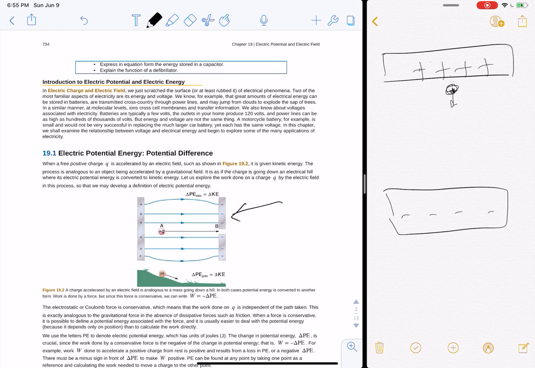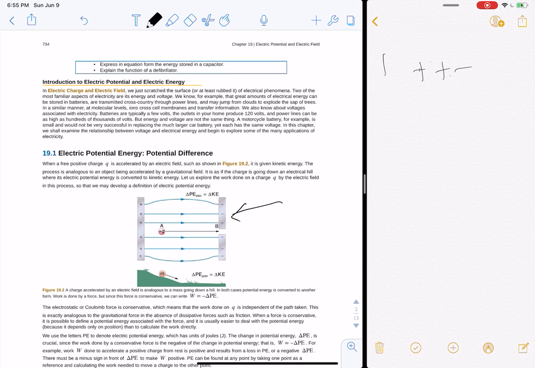It's going to feel a force pushing away from the positive charges, but it's also going to feel a force towards the negative charge, and it will accelerate, just like an object falling towards the earth. It's going to have an initial amount of potential energy here, and right before it hits the electrons over here, it's going to be converted to kinetic energy. So we're going to talk about the energy stored in the field, and that's what this potential difference is all about.